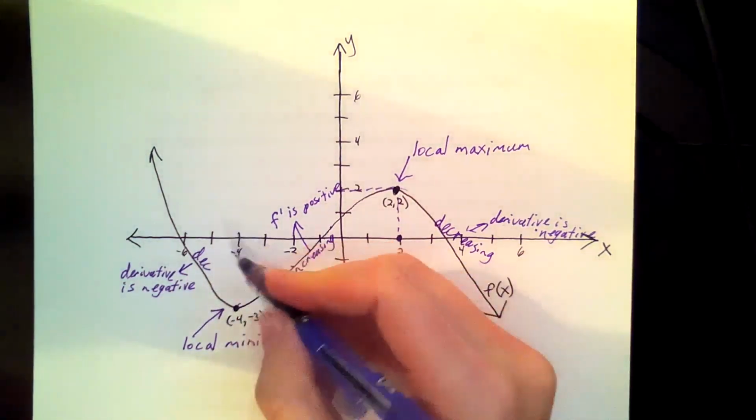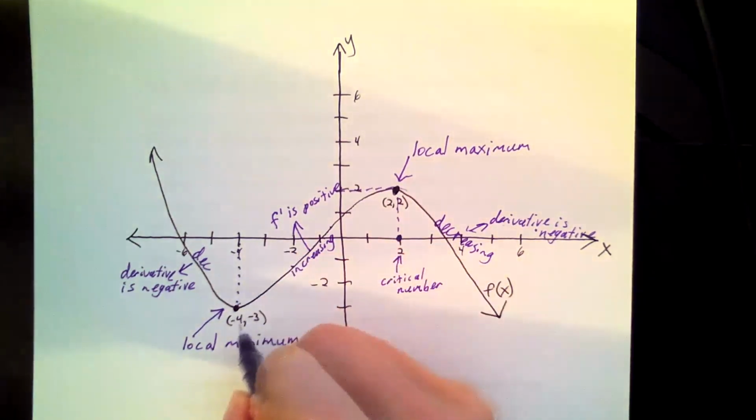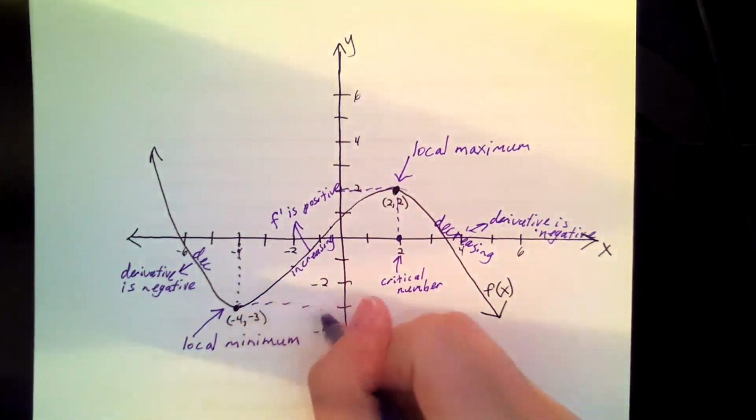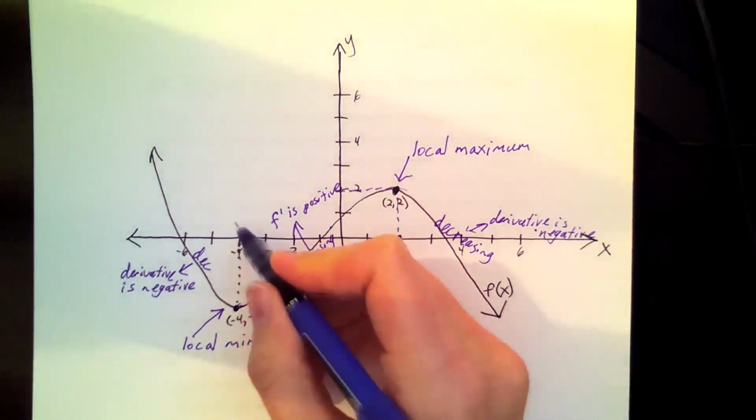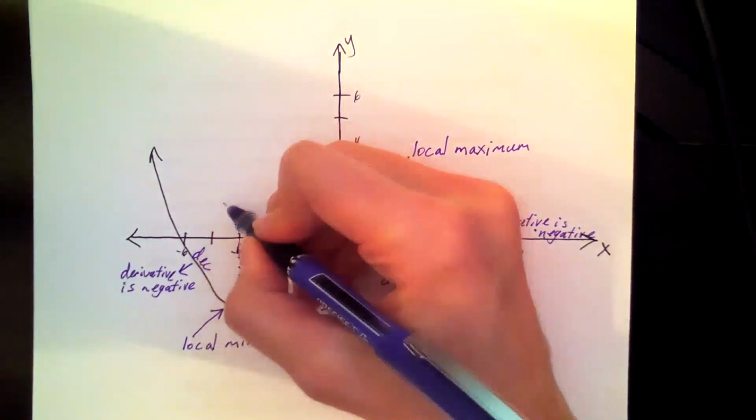For my local minimum over here, the x value that corresponds to this point is -4, and the y value is -3. But this x value, -4, is also a critical number.